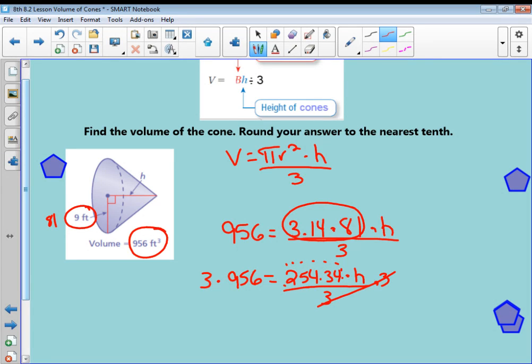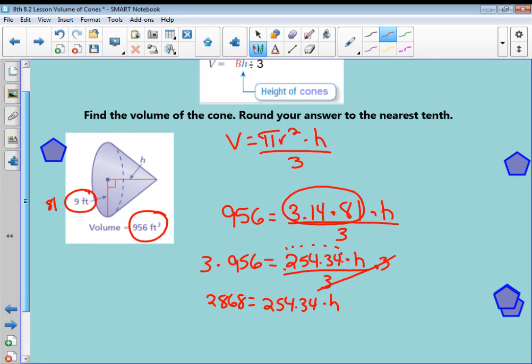It'll work either way. So by getting rid of that divided by 3, I can go times 3. So 956 times 3 gives me 2,868 equals 254.34 times our height.